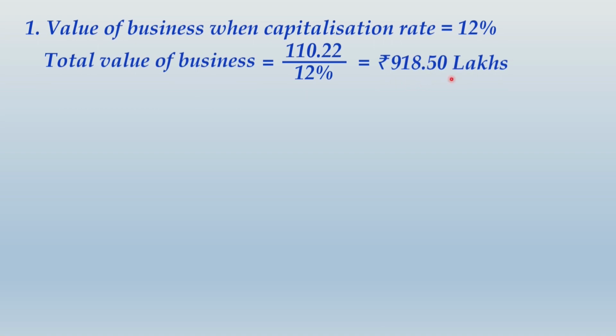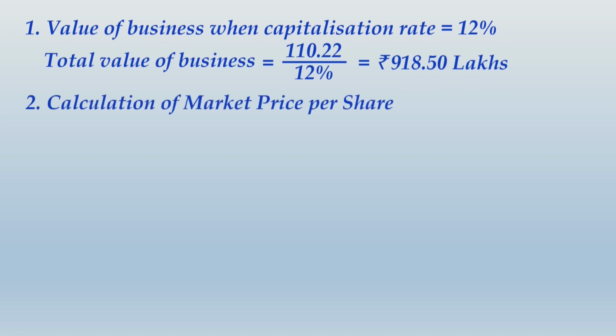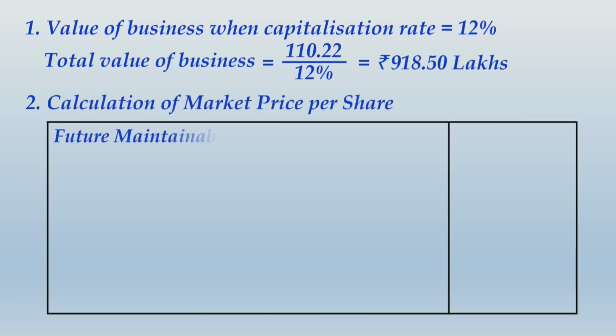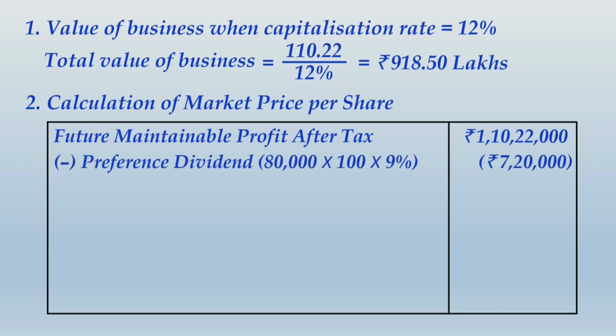That comes to 918.5 lakhs. Simple idea is, if this 110.22 is 12%, how much is 100%? That is what we want to find out. Now this is the value of the business, and if you want to determine the market price per share, what you need to do is, you take the future maintainable profit after tax, subtract preference dividend because that will not be available for the equity shareholders.